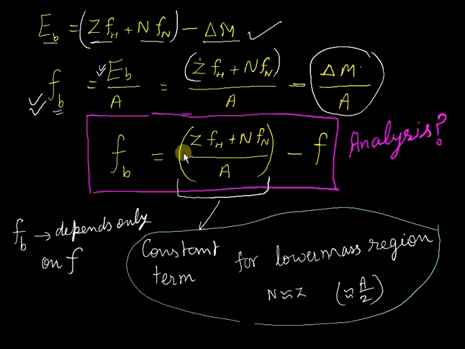So FB is equal to ZFH plus NFN upon A minus F, that is the packing fraction.